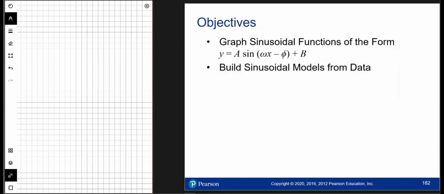So we missed our last class where we used you for homework, which helped. Yes. So where y equals a times sine of omega x minus phi, plus b. I'm pretty sure we did some of this. Yeah, we've done that. I remember doing it in class. That looks familiar.